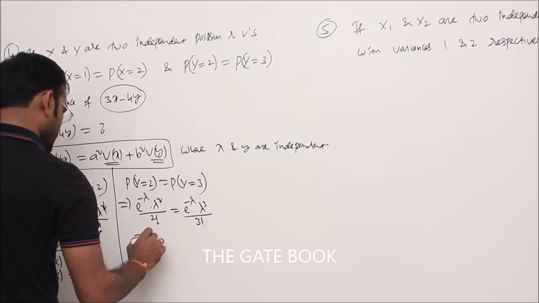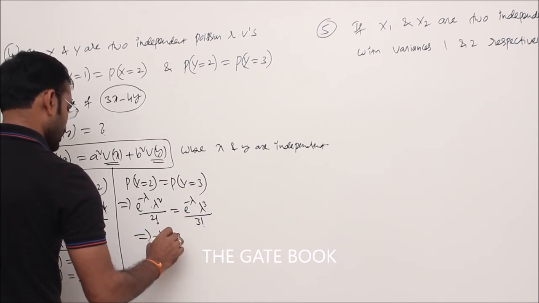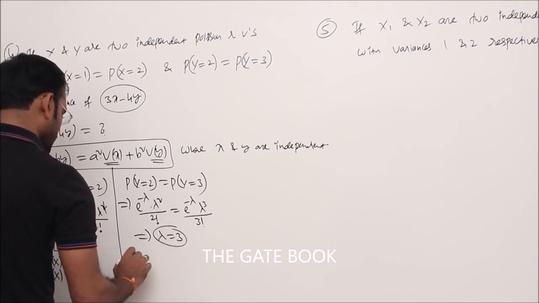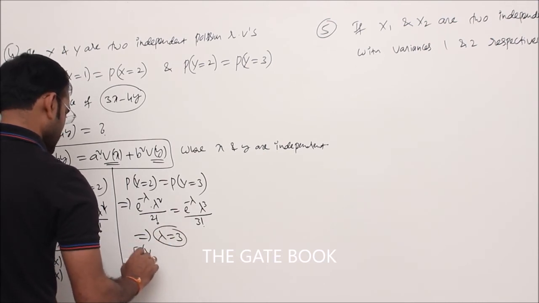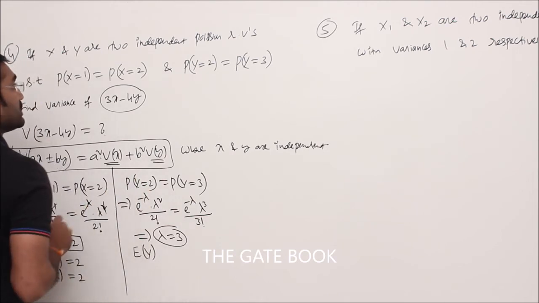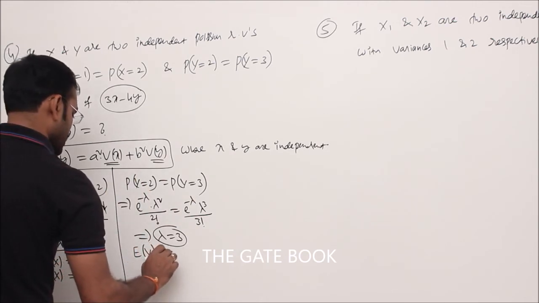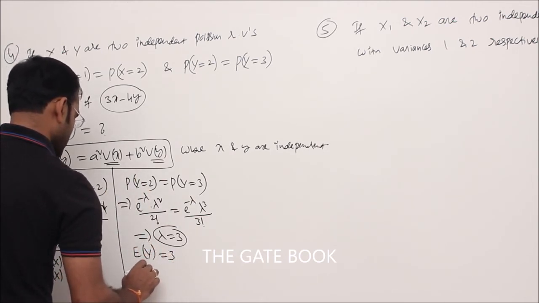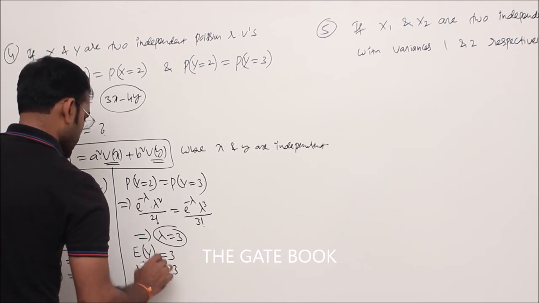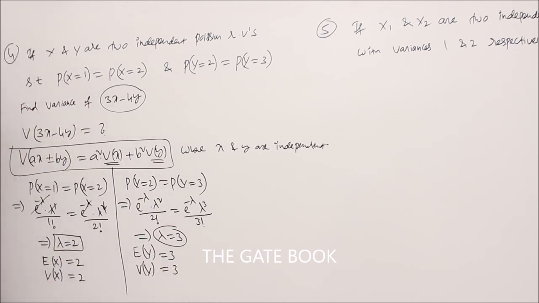Simplifying this one, we get lambda value 3. Lambda value 3 is the expectation of y. The mean of y series is 3. So variance of y series is also 3, since in case of Poisson distribution, mean is equal to variance.